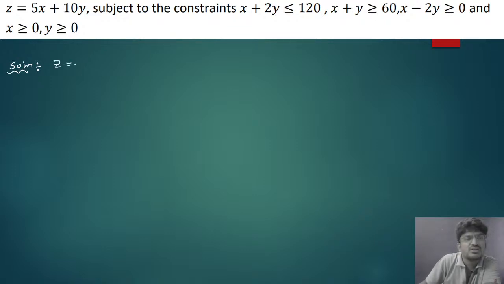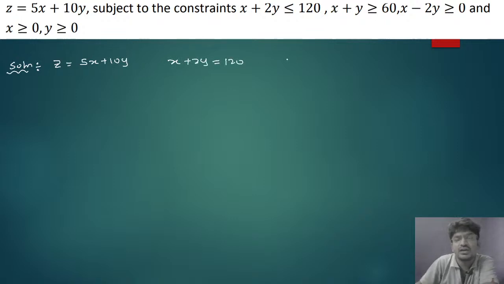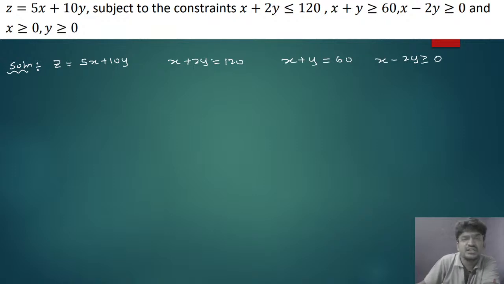Here z equal to 5x plus 10y, x plus 2y less than or equal to 120, x plus y greater than or equal to 60, x minus 2y greater than or equal to 0.